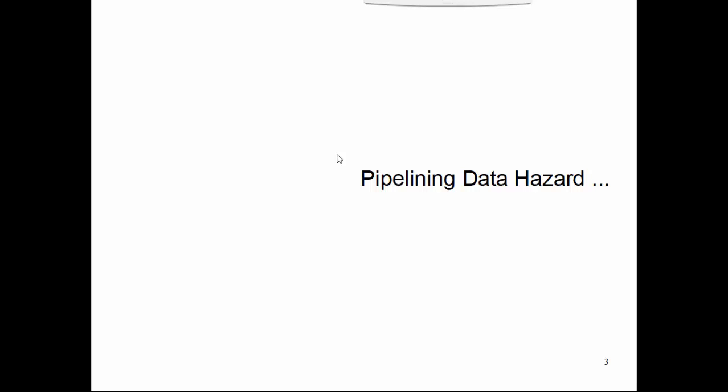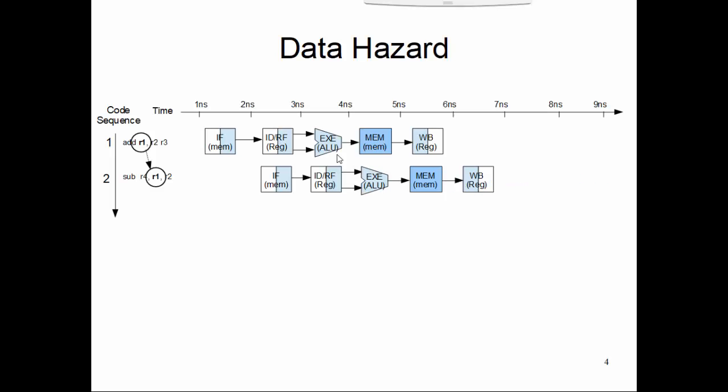Data hazard comes from the relation between the operands in different instructions. What I mean is that when we are running a program, usually we compute the values of some variables, and that updated value is used in the next set of instructions, and so on and so forth.